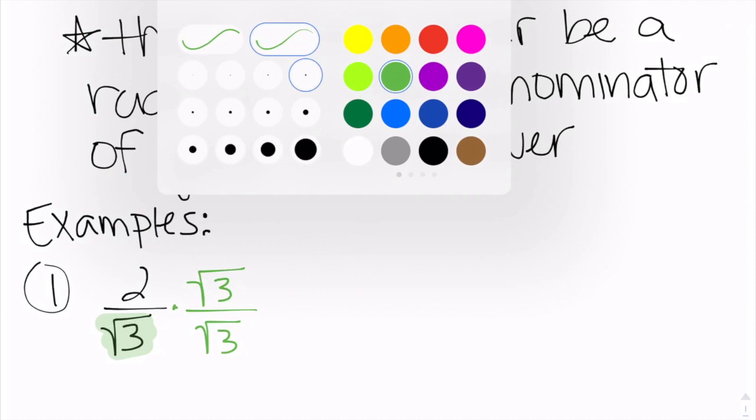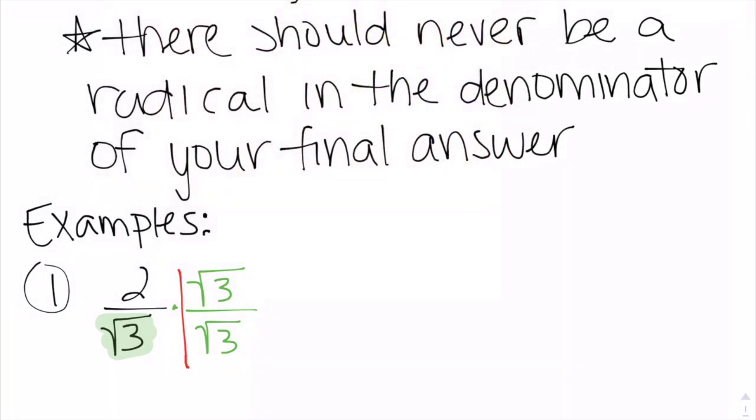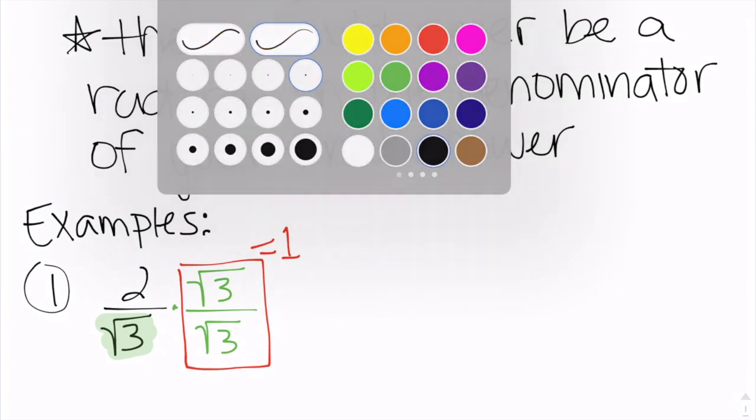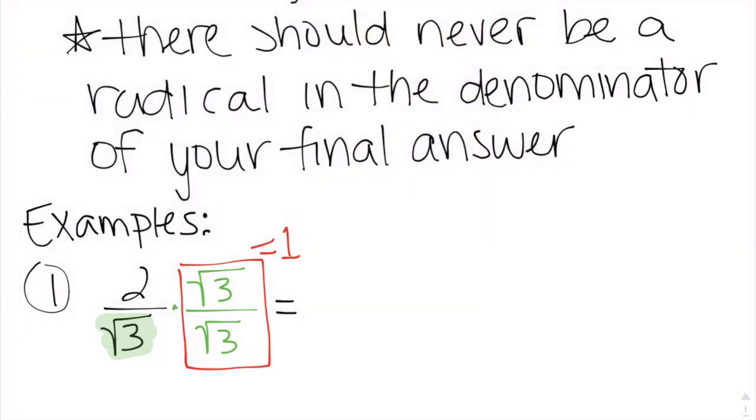The reason that we can do that is because anything divided by itself like this is equal to 1. And if we were to take a number like 2 over the square root of 3 and multiply it by 1, we would get the same value. So we do the numerator times the numerator: 2 times the square root of 3 gives us 2 times the square root of 3, over denominator times denominator.